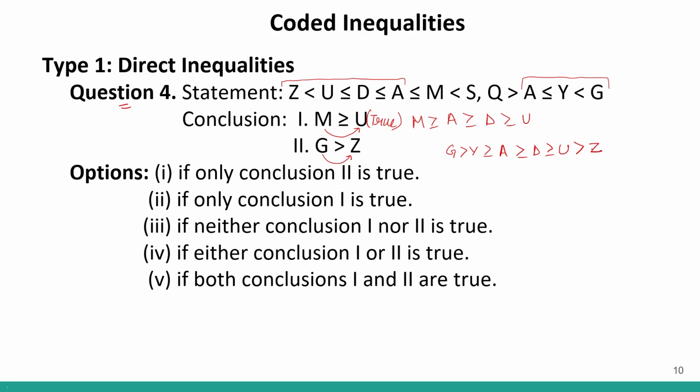So based on this information, I can clearly see that G is definitely greater than Z. So this will also be true. So my answer will be that both the conclusion 1 and 2 are true. So my answer will be option number 5. Clear?